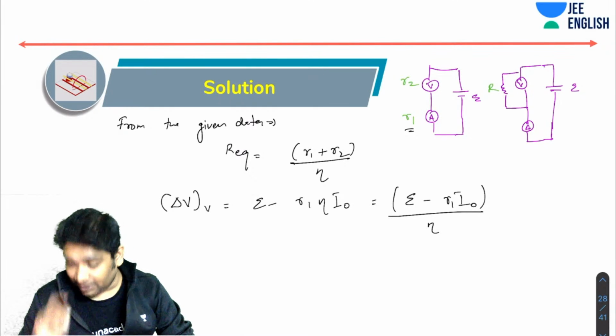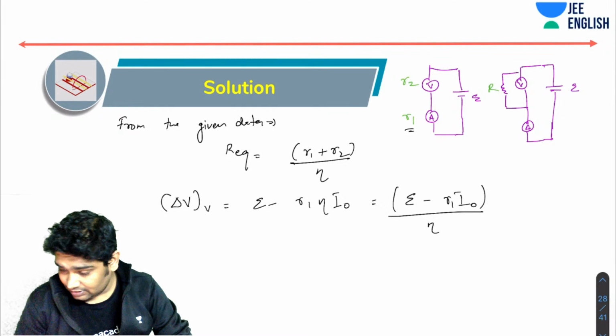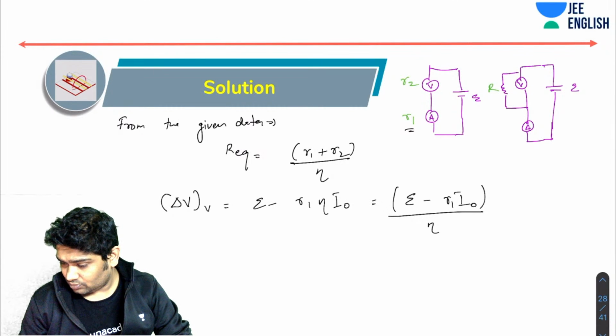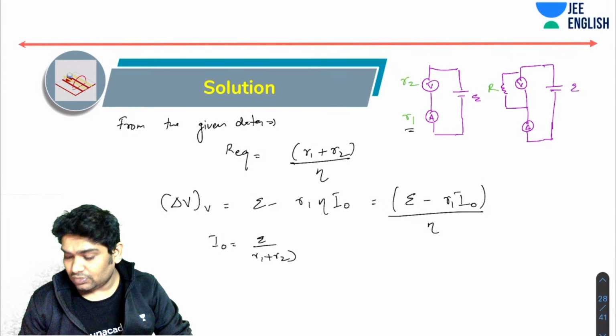So from here, definitely, I naught would have been epsilon over R1 plus R2, right?